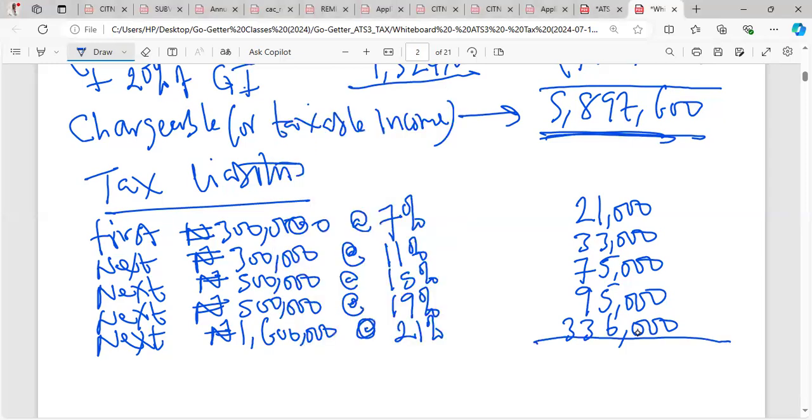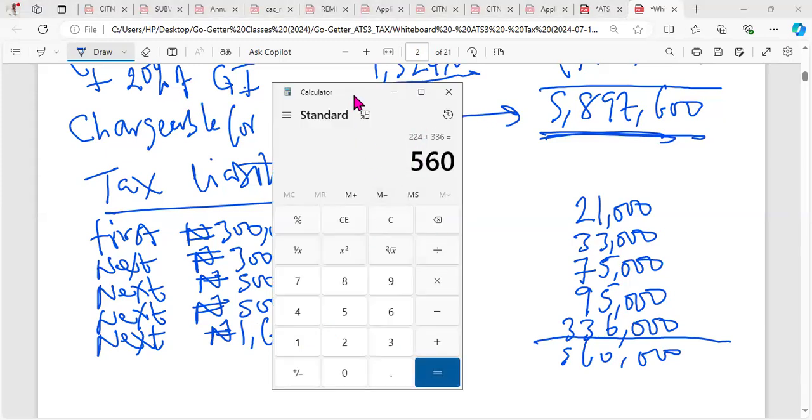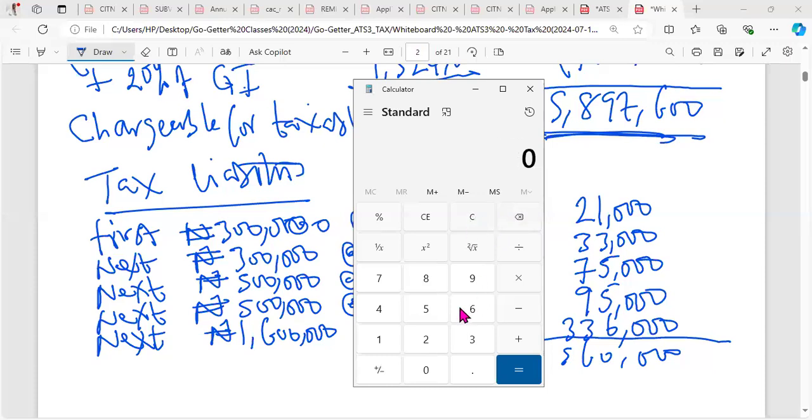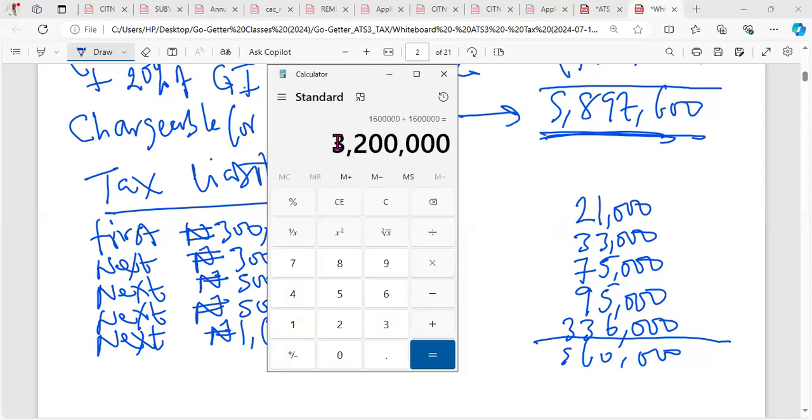Then, if you add everything here, you would have gotten 3,200,000 at this point. 300,000 plus 300,000 plus 500,000 plus another 500,000 plus 1,600,000. Now that's 3,200,000.